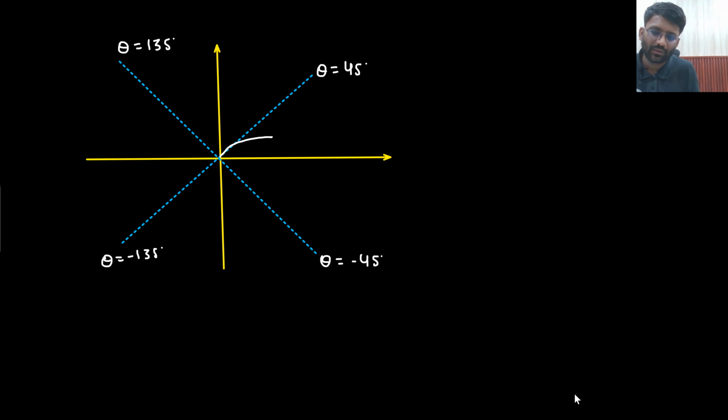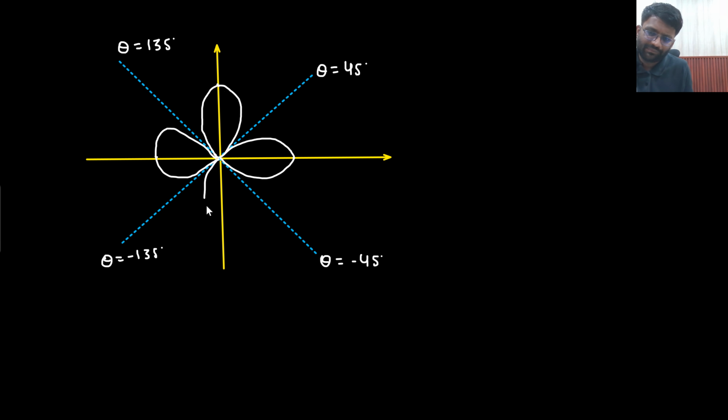Let's make the lobe look better. In that manner you will be getting 4 lobes. There you go.